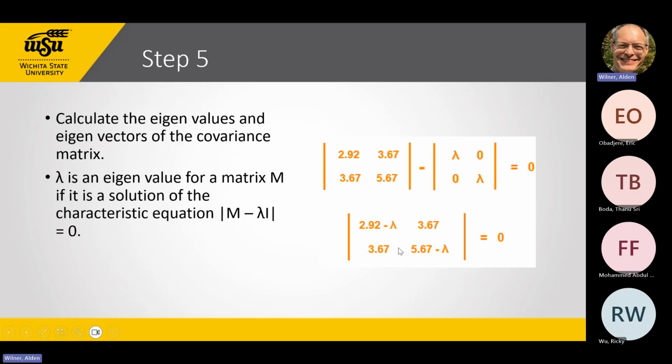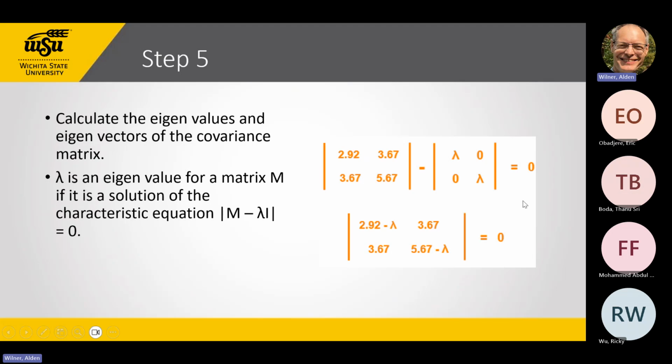So now we want to calculate the eigenvalues and eigenvectors of the covariance matrix. The way to do this is: lambda is an eigenvalue for the matrix M if it is a solution of the characteristic equation, M minus lambda times the identity.